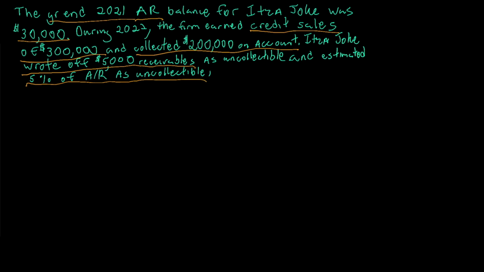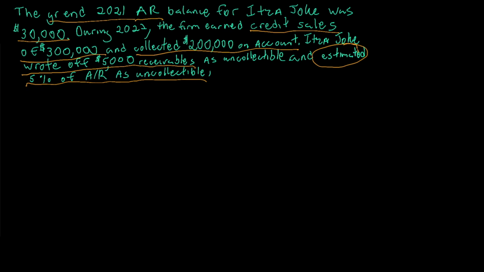So a couple of things, gang. The fact that it said that it estimated 5% of accounts receivable as uncollectible let us know we're doing the allowance method, because remember, the allowance method estimates. So even if the problem didn't require you to do that, you already know where you're going from that keyword estimate. Remember, we have two ways to estimate: percentage of sales, percentage of receivables.